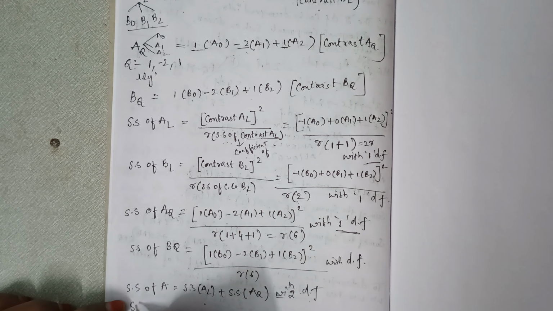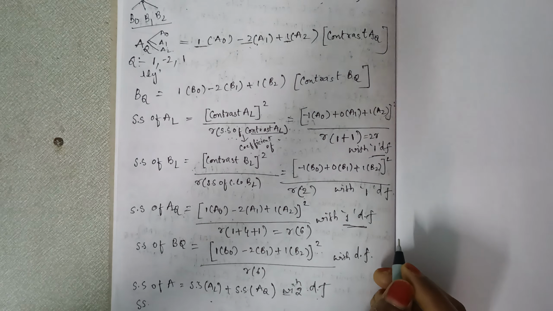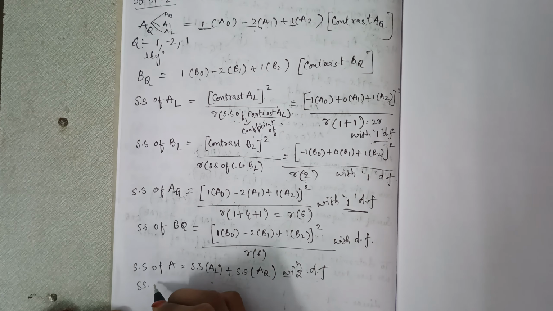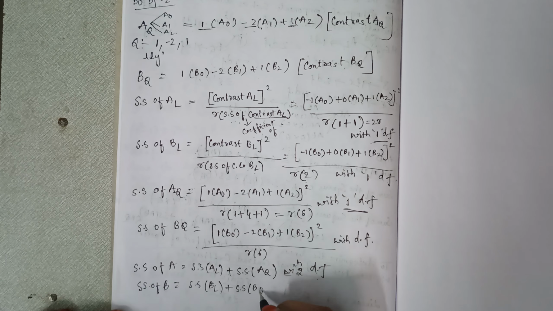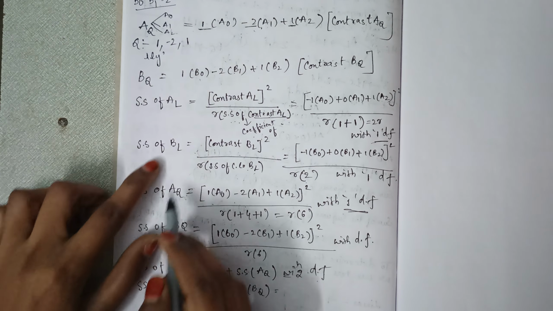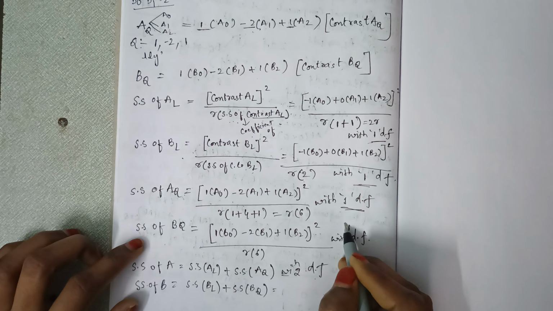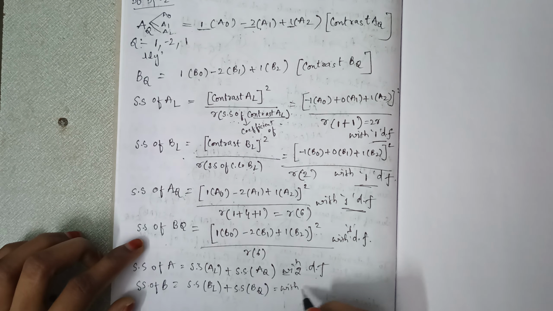In the same way, the sum of the squares of B, that is the sum of the squares of BL plus the sum of the squares of BQ. ఇక్కడ BLకి ఏముంది, 1 degree of freedom and BQ with 1 degree of freedom. 1 plus 1 that is 2 with 2 degrees of freedom.